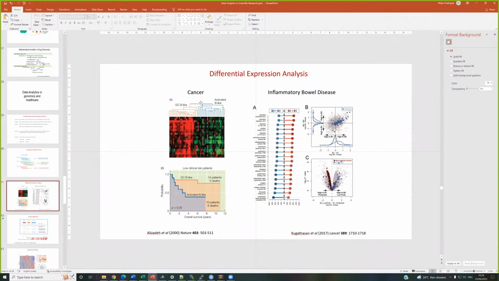These are two different cancer types. I think this is glioblastoma. On the row side, you have a set of genes, and you can see that this set of genes is able to distinguish between the two different types of cancer.